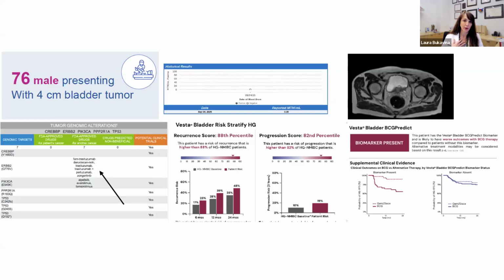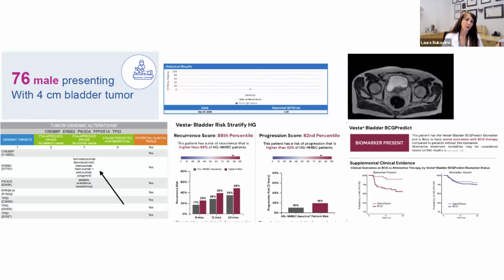I am more worried about this patient. I'm going to be getting ctDNA as he's getting intravesical therapy because I'm worried about his progression score. We also get staging with an MRI if this patient turns positive or if he fails intravesical therapy; the first test I'm getting is an MRI. And then we also start looking at potential genetic alterations.